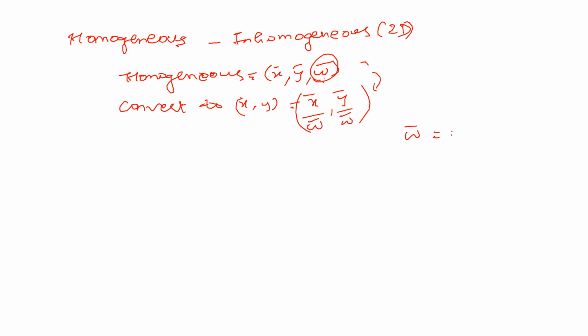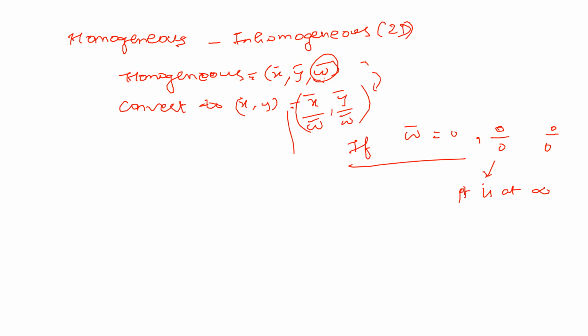Assume w bar is equal to 0. Then the denominator would become 0, and we can say this point is at infinity. We can't represent a point at infinity in real space.